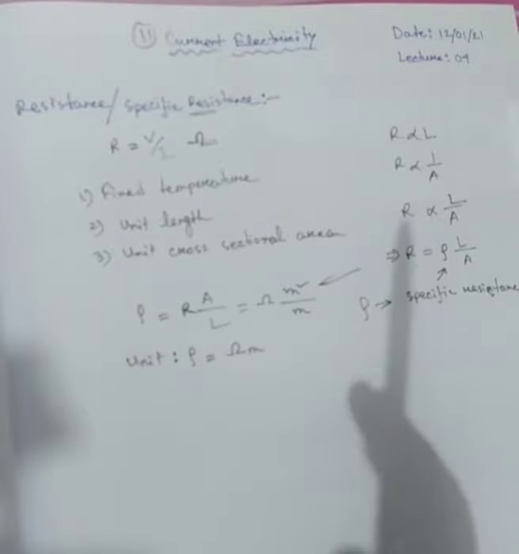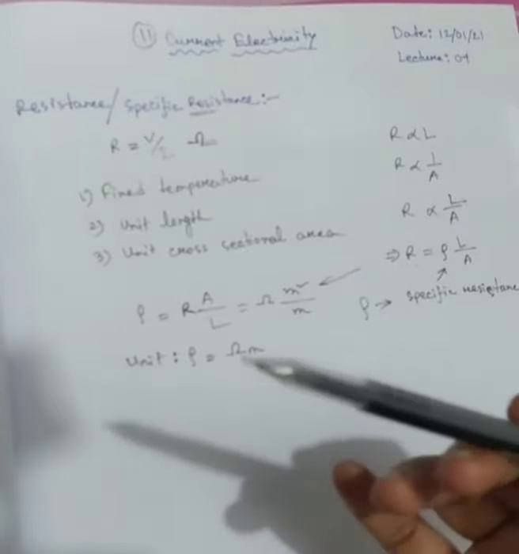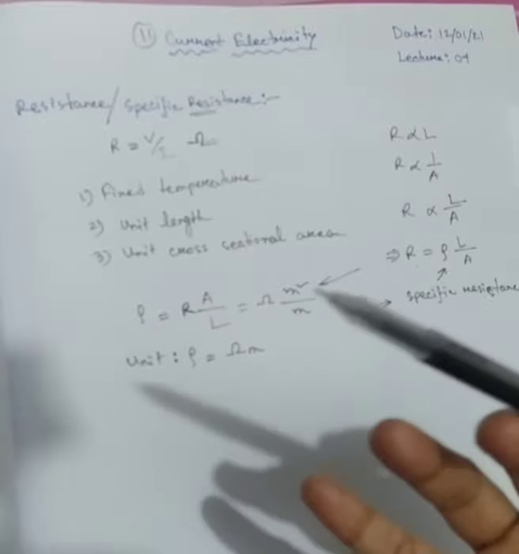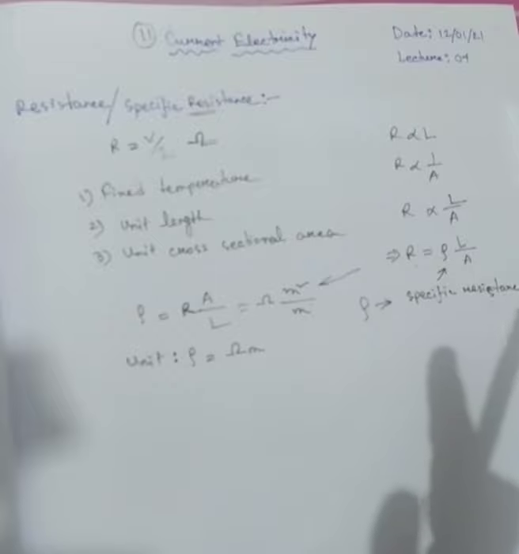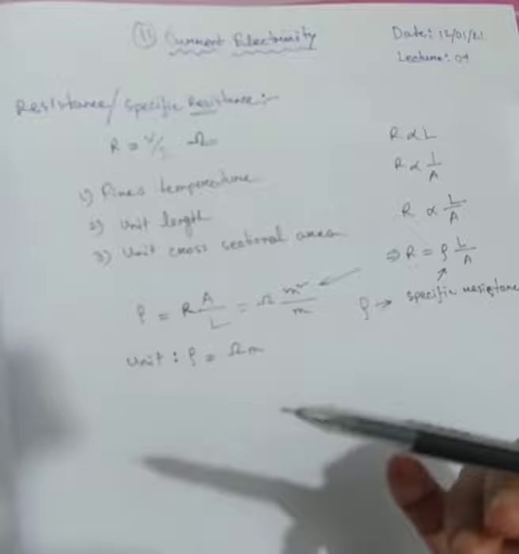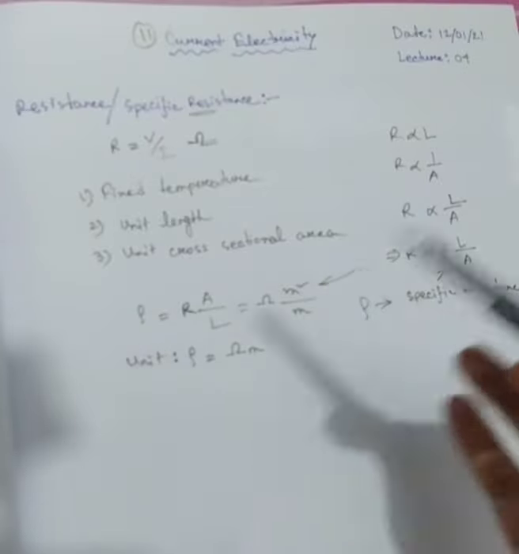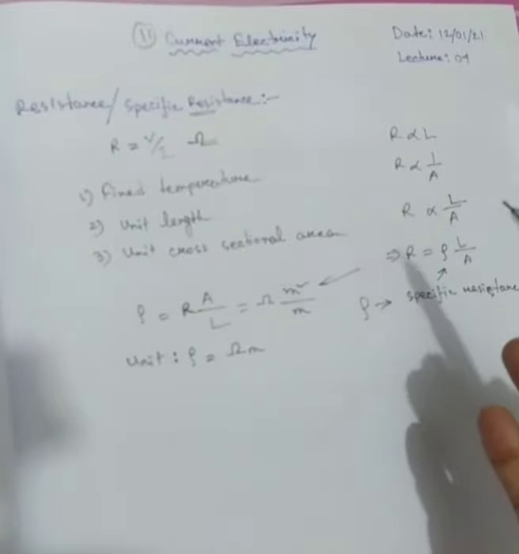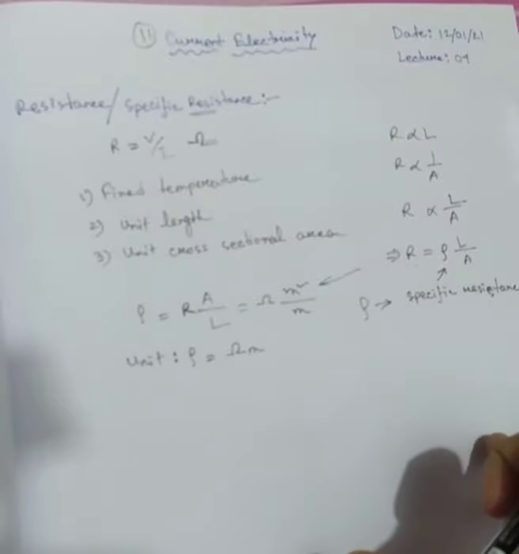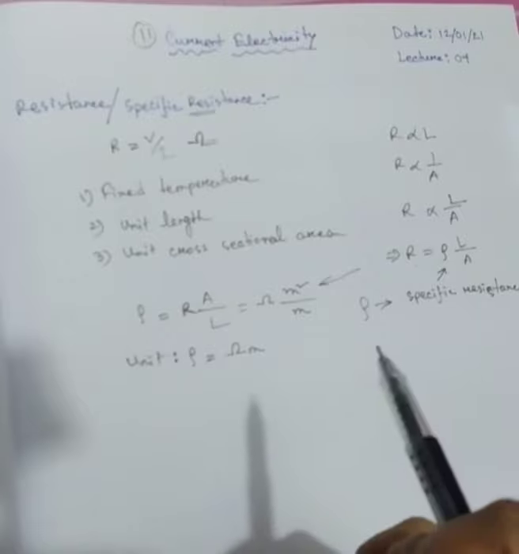Then specific resistance needs the confirmation of a fixed temperature, unit length and unit cross-sectional area, but resistance doesn't require this confirmation. And finally, resistance is the property of a conductor, but specific resistance is the property of the material of a conductor. So these are some points about the difference between resistance and specific resistance.